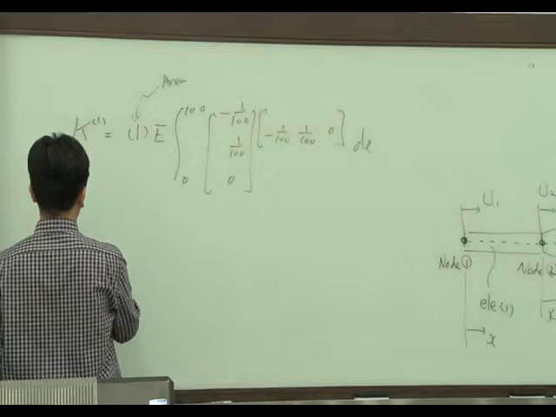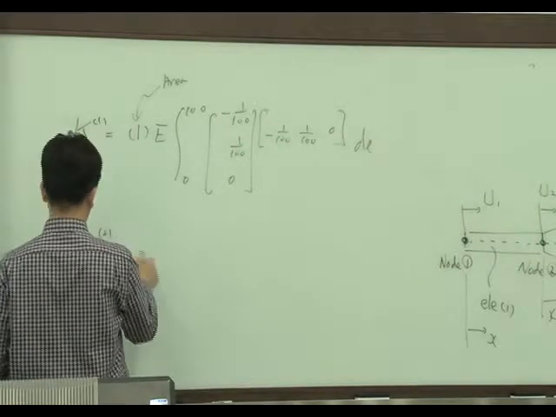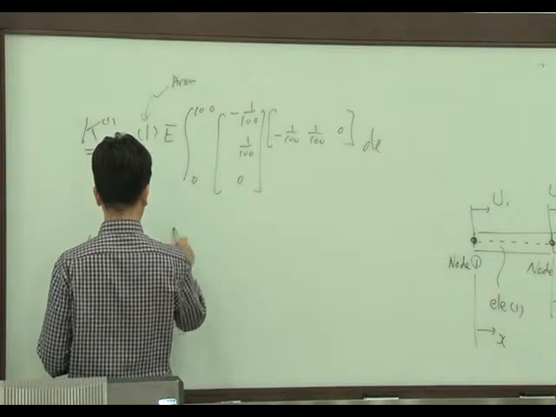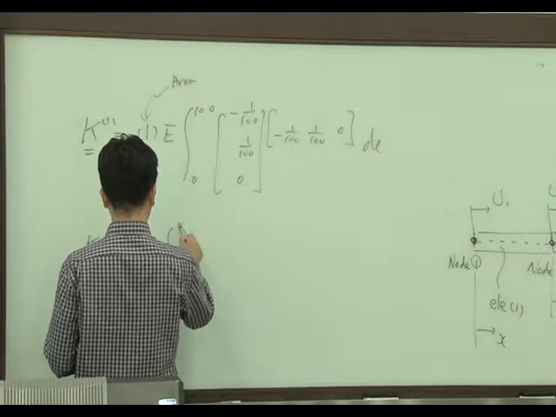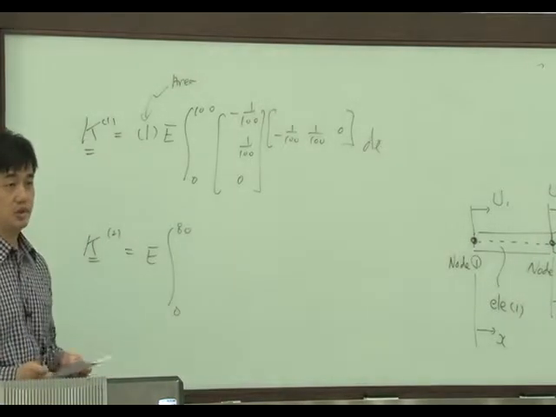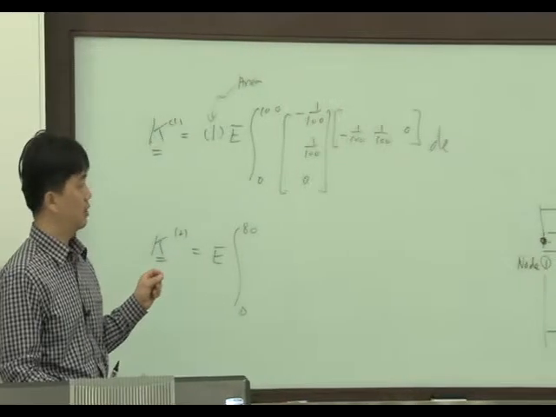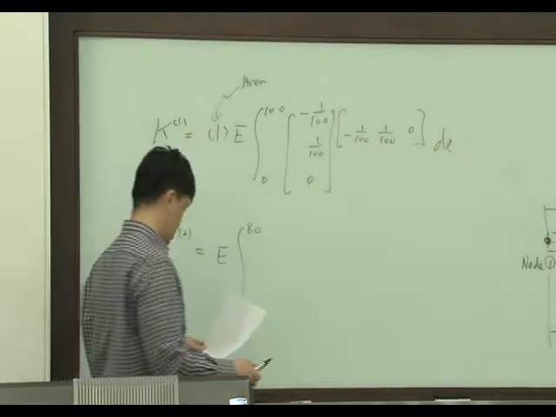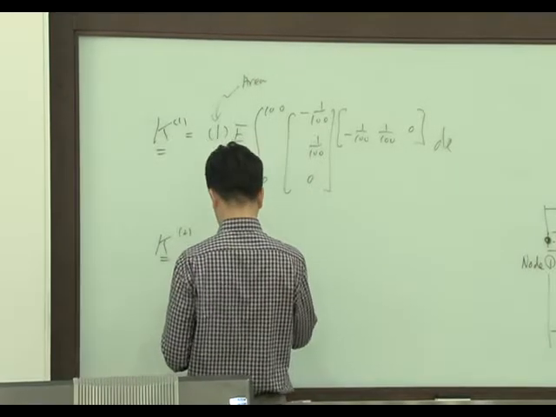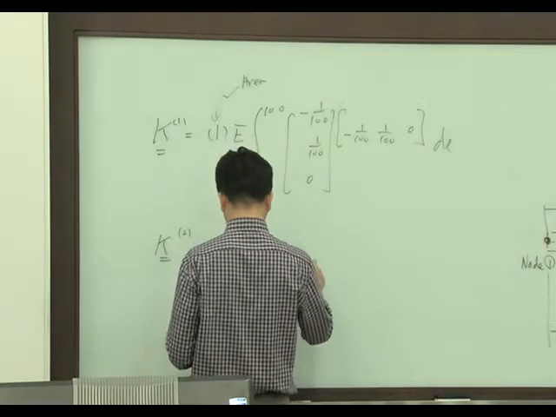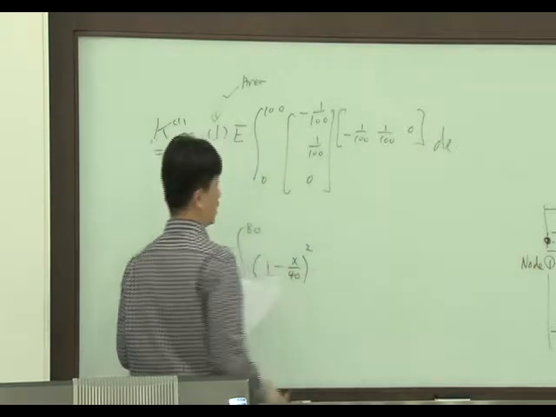Similarly K2, with the same E, from 0 to 80. In this case, for the second element, the cross-sectional area of the bar is changing, so I need to put in the effect of the area. This is the area, right?